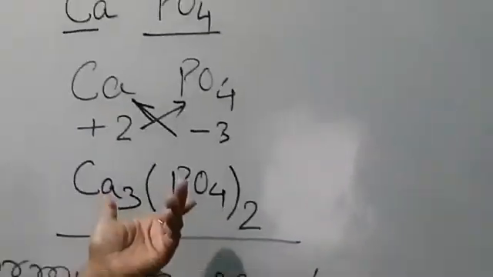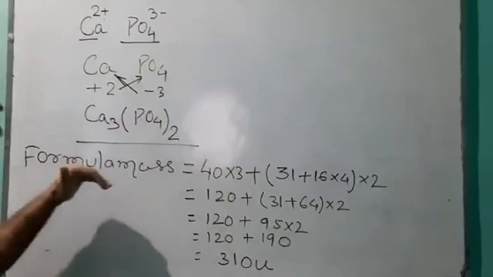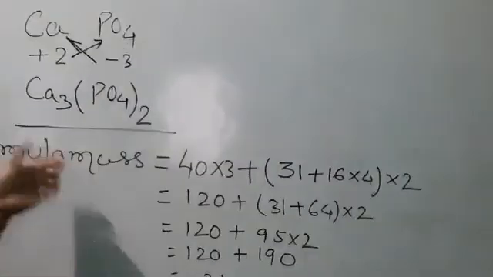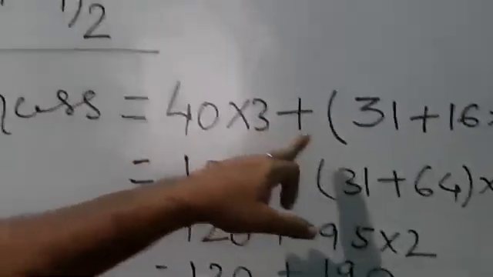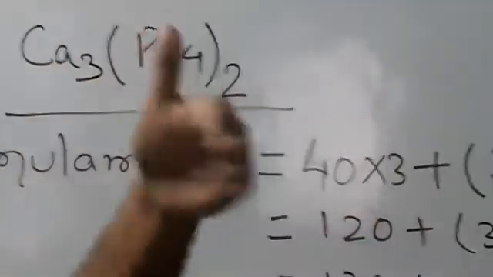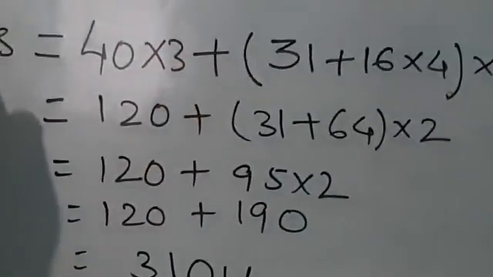So this is the way of writing the chemical formula. And now we find their formula mass. Now calcium, we have the atomic mass of calcium 40. How many calcium? 3. So 40 into 3. Plus, when we go from one atom to another atom, we make use of the add sign. Now we have phosphorus.